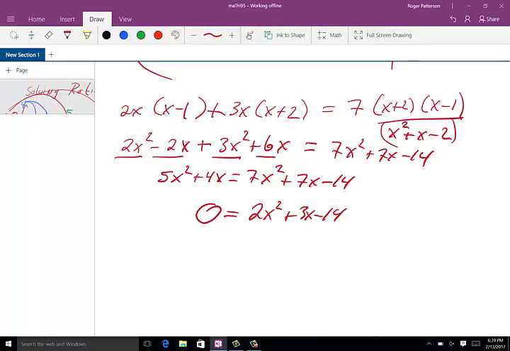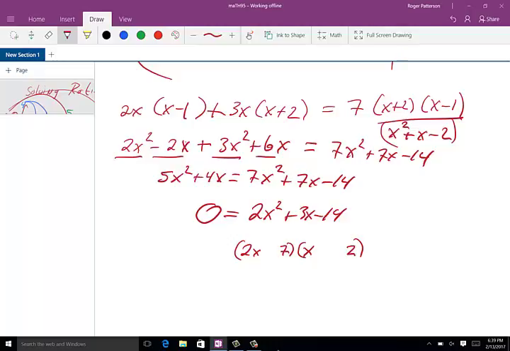Okay. Let's see. I think I'll factor this. All right. So let's see. 14. Probably 7 and 2 would be our ones to look at. Any ideas where we should put 7? Nice.